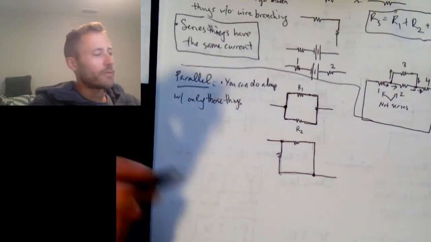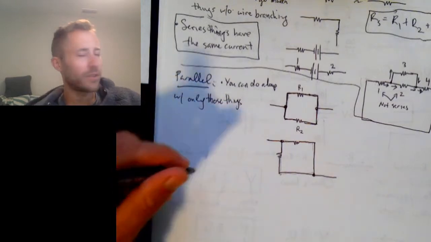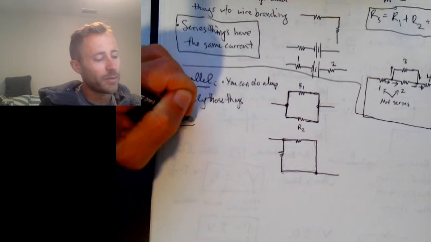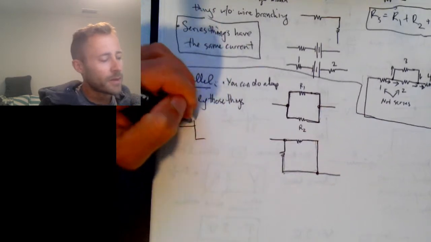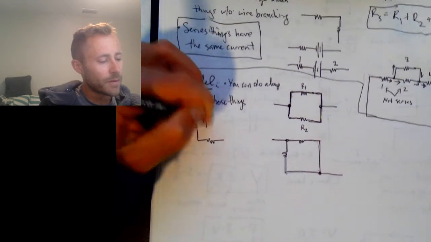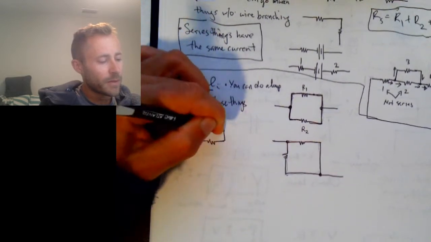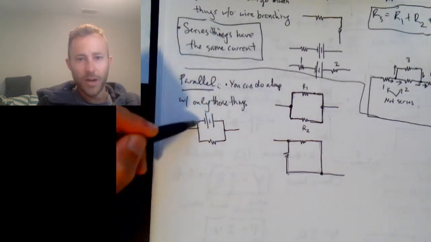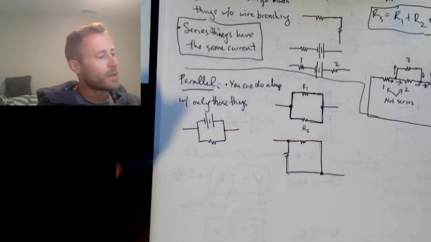You can have things that aren't the same in parallel. You can have a battery in parallel with a resistor, for example, like that. If I go around this loop, I only have the battery and the resistor, so they're in parallel.